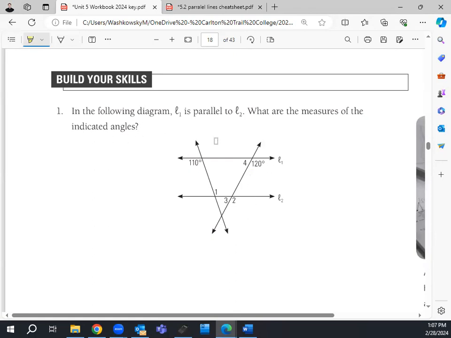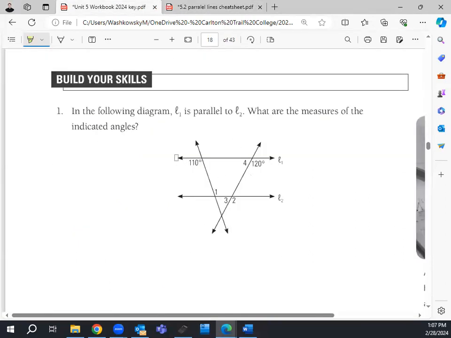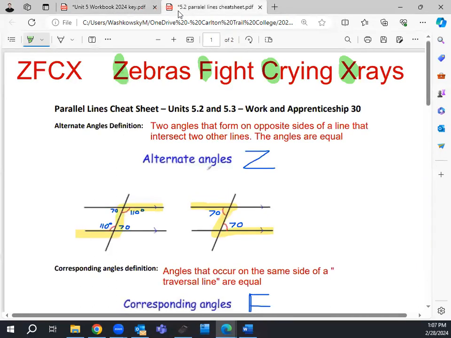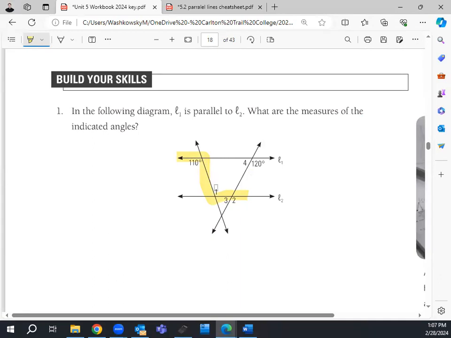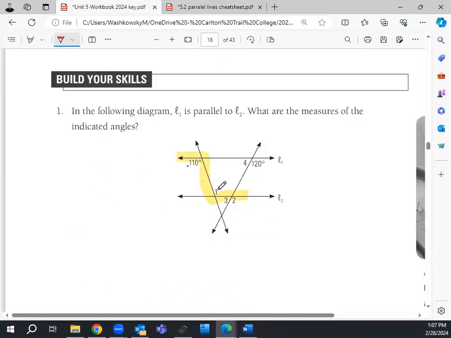If I'm going to go at them just in the order they're given to me, angle 1, well, I want to make one of those four shapes, a Z, an F, a C, or an X. Well, I see right here, I can make a nice Z, which tells me that's an alternate angle, which means that if they form on opposite sides of a line that intersects two other lines, oh, that's this one up here going up and down, it's intersected two lines, the angles are equal, which would mean this 110 is equal to angle 1.